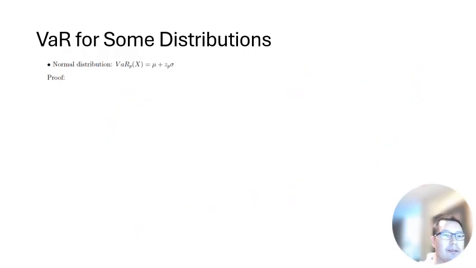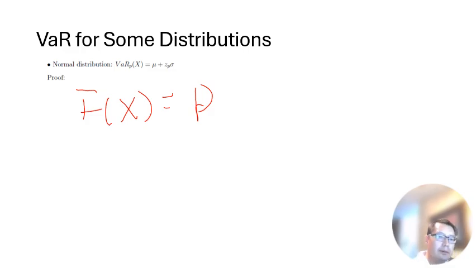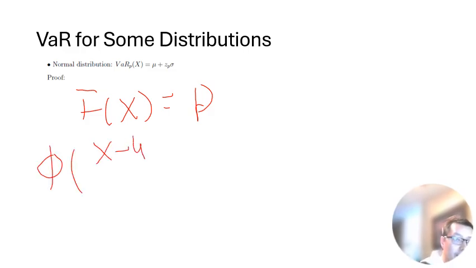Now let's look at the value at risk for the normal distribution. First, we do the same thing, F_X equal to p. Now, in this case, F_X can be standardized, then it will become Phi of (x minus mu) over sigma equal to p.